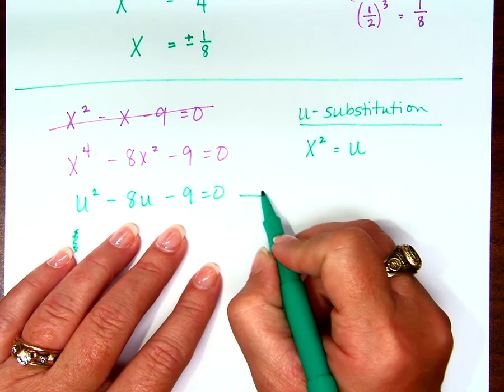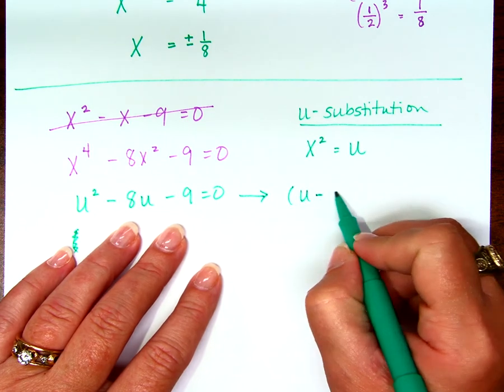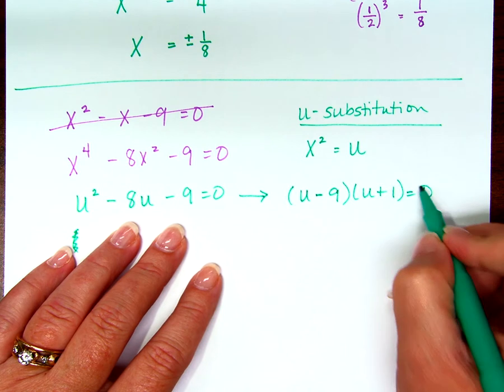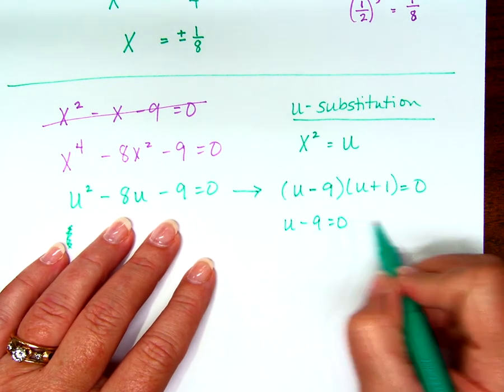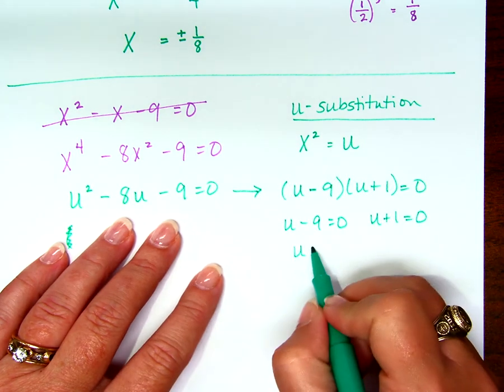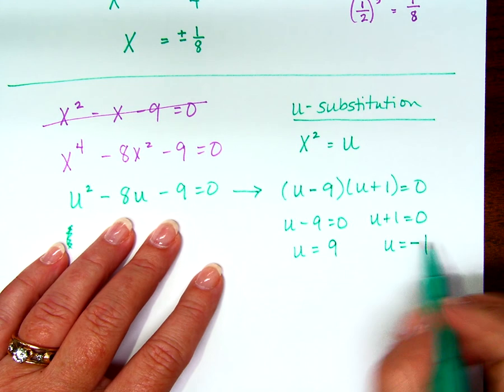I get u minus 9 and u plus 1, right? Well, u minus 9 equals 0 and u plus 1 equals 0. So u equals 9 and u equals negative 1, right?